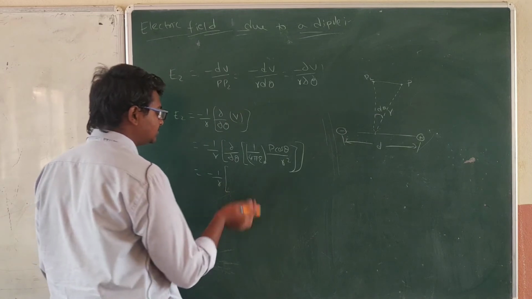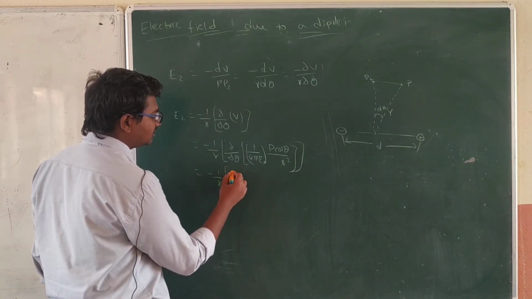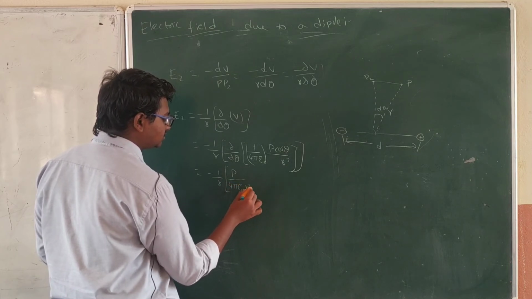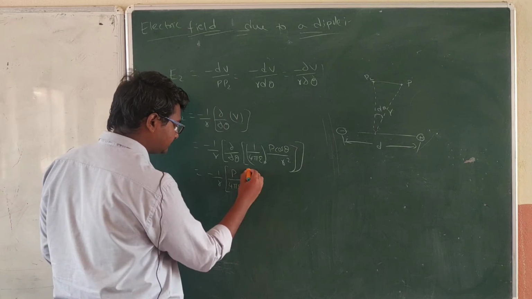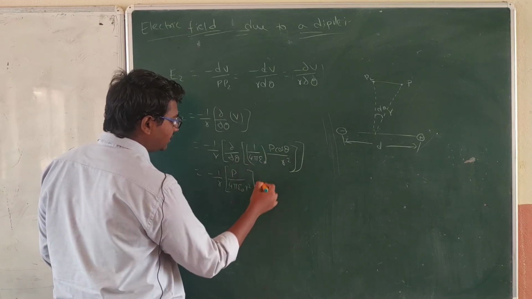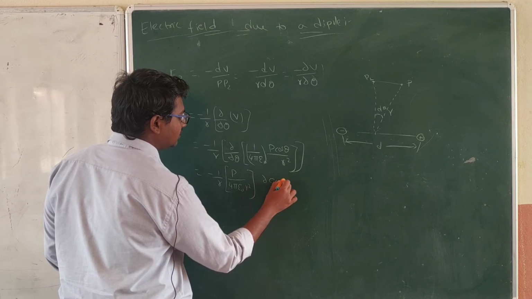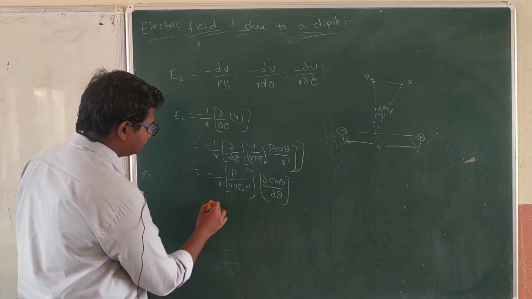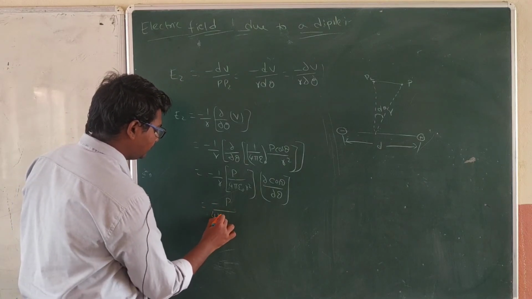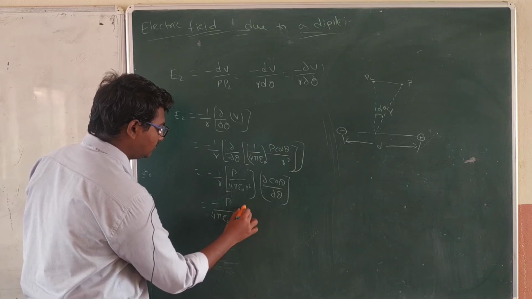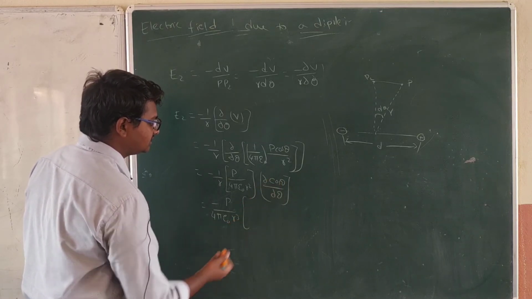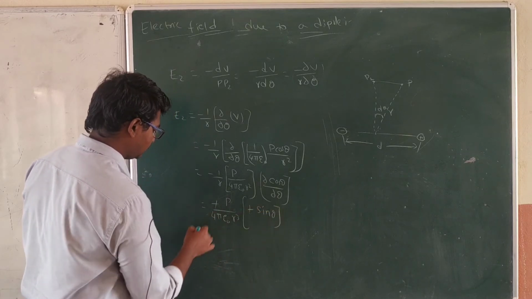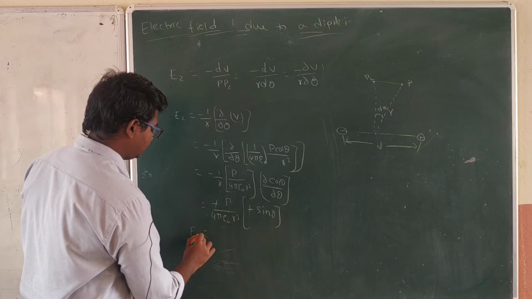That's why we can bring out P by 4 pi epsilon naught r square, into dou by dou theta of cos theta, or else dou cos theta by dou theta, we will keep like this. This is equal to minus P by 4 pi epsilon naught r cube into dou cos theta by dou theta, which is minus sin theta.